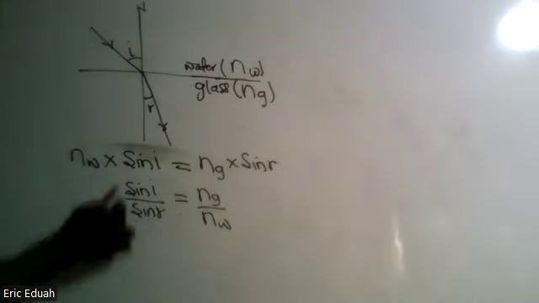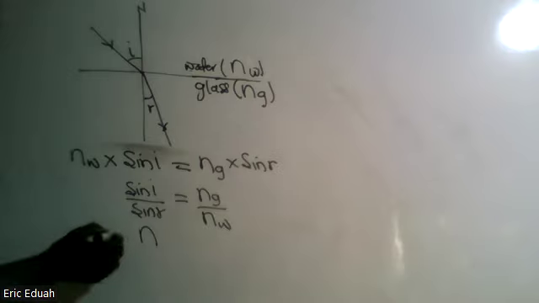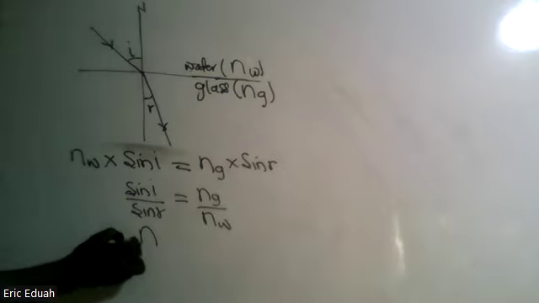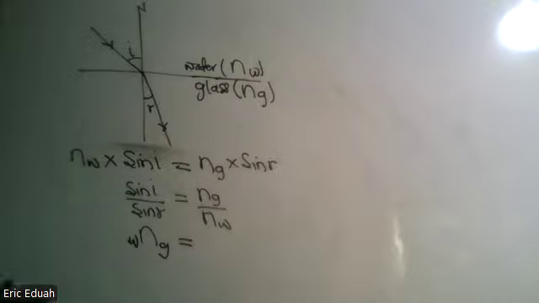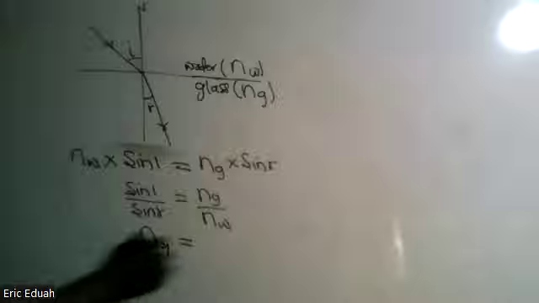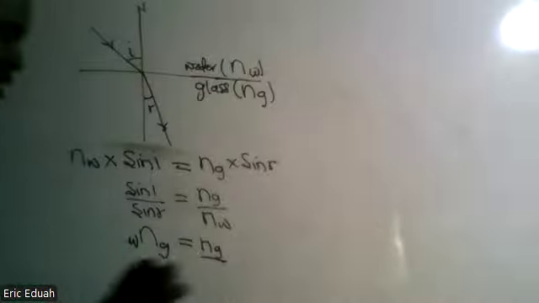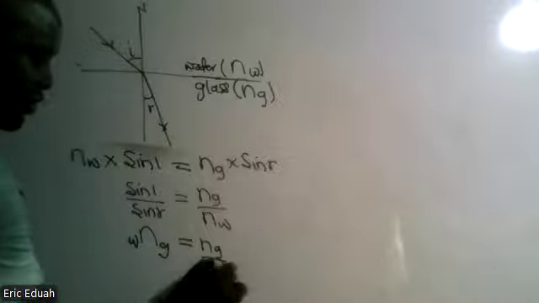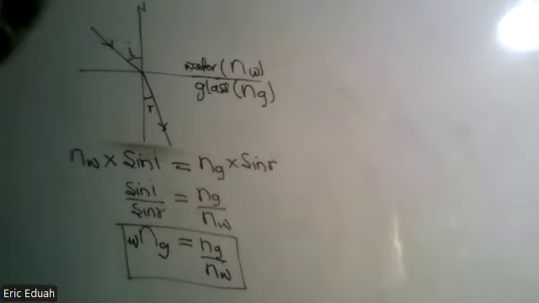Since this is Snell's law, and this is the refractive index as light moves from water to glass, the refractive index as light moves from water to glass, or glass with respect to water, is equal to the absolute refractive index of glass divided by the absolute refractive index of water. And this is what we saw to be the relative refractive index.